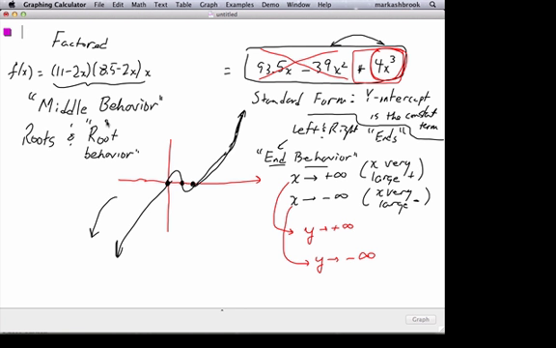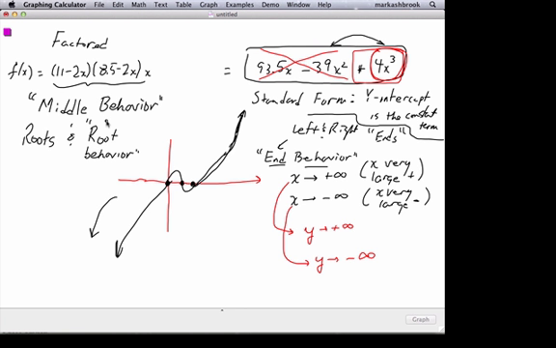It depends on what that leading term is. So for instance, look at page 206. There's a function called k in the middle of the page.